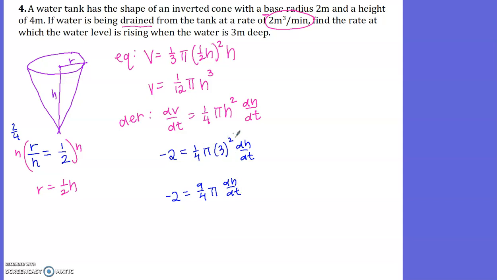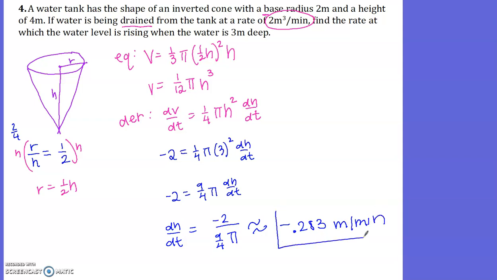That's just the 1/4 times 3 squared. And then I'm just going to type in my calculator to get dh dt. That'll be -2 divided by 9/4 pi, which will give us about -0.283 meters per minute. It's meters because we're dealing with height.